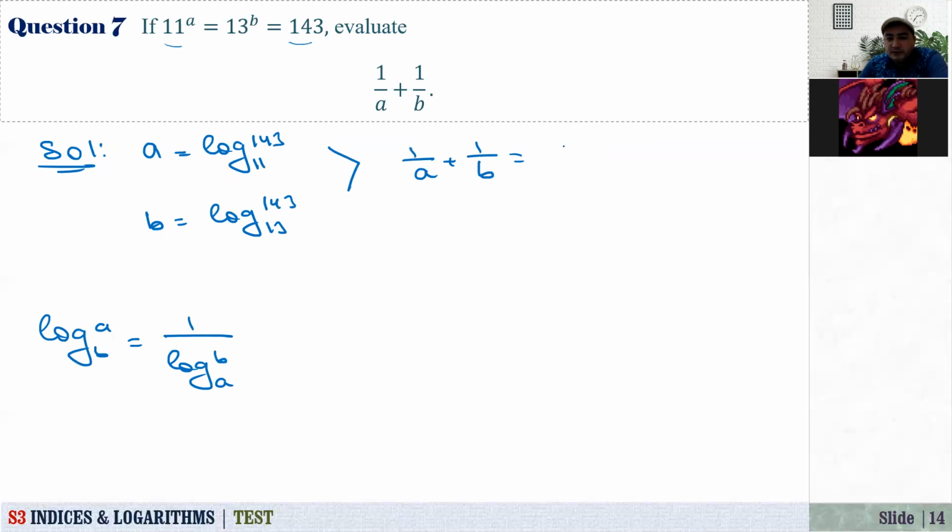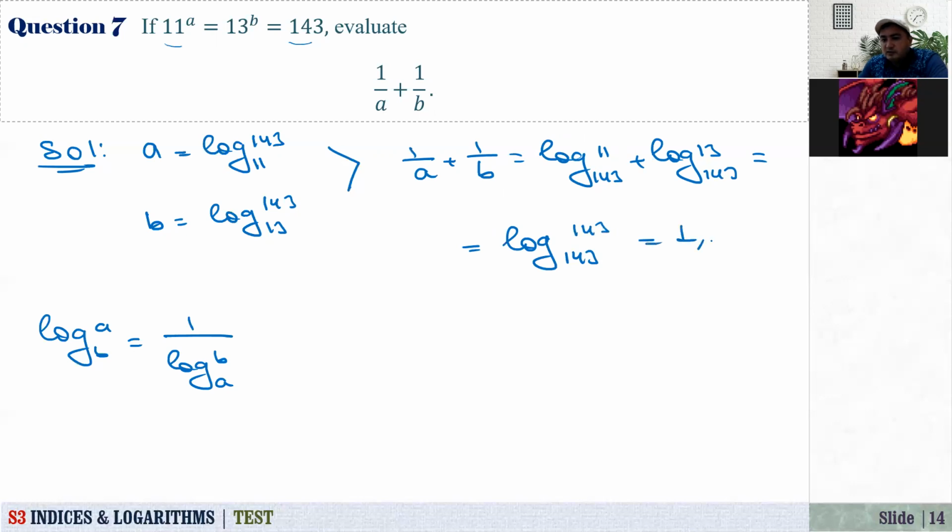So I can immediately write it as log 143 to the base 11 plus log 143 to the base 13, which is equal to log in the base 143 of 11 times 13, that's equal to 143, which is equal to 1. So the value of this thing should be equal to 1.